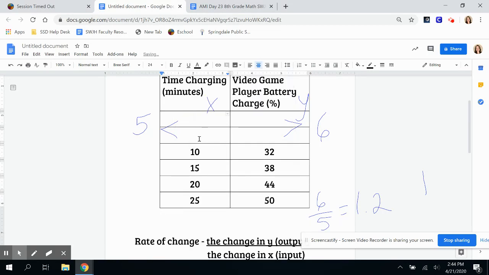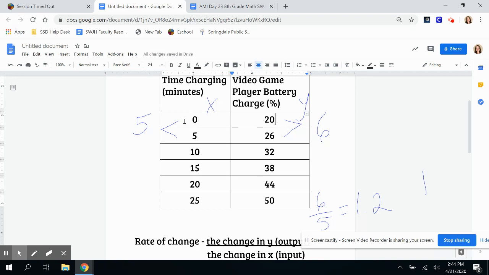If this is going by 5s, this would be 5 here if I'm going back, and then here is when x is 0. So if I go backwards, 32 minus 6 is 26, and then back one more, minus 6 is 20.